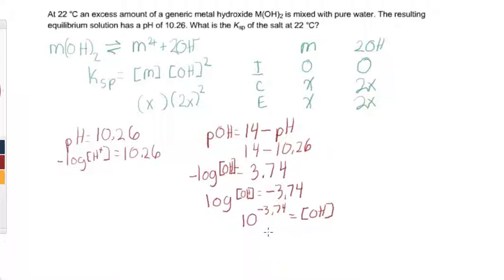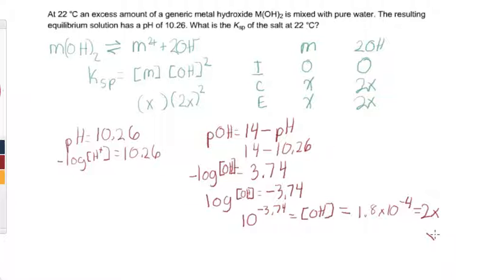That means the concentration of OH is 1.8 times 10 to the -4. Okay, so that's my 2x. Okay? So that equals my 2x.